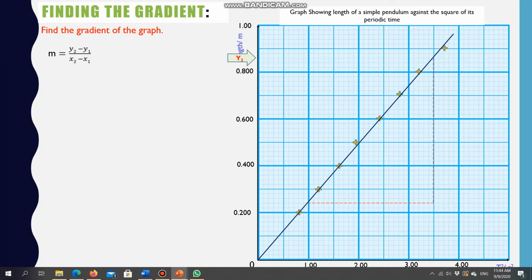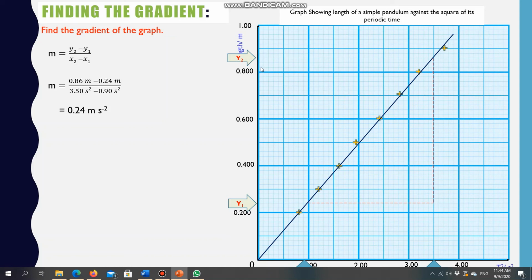So our y2 value would be somewhere there. Our y1 value would be there. x2 value would be there. And our x1 value would be there. So reading those points, we're going to have 0.86 meters for y2. So if we look at this, this is 0.8.